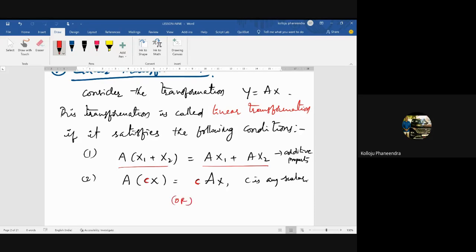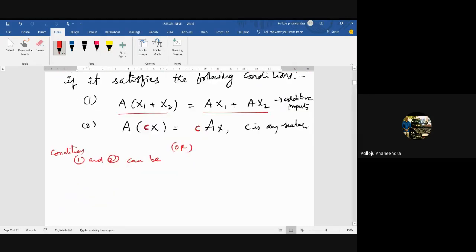These two conditions, 1 and 2, can be written combinedly as a single expression: A into c1 x1 plus c2 x2.